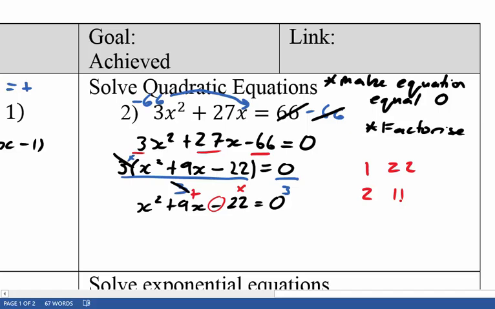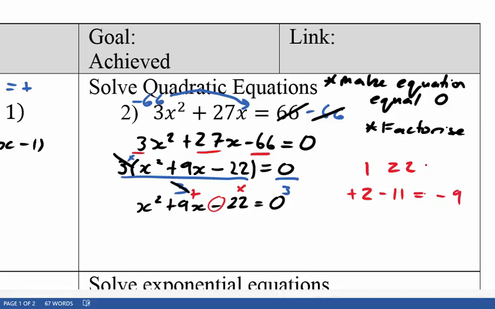So which one of these pairs adds to positive 9? It will be that one there. Let's pretend it was a positive 2 and negative 11. If I add those together, that would give me negative 9, which is not what I want.